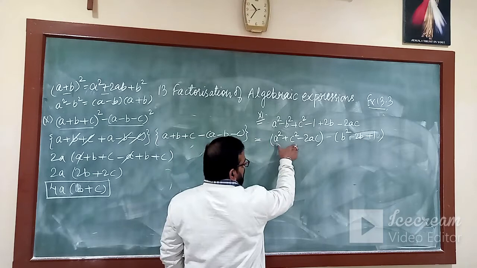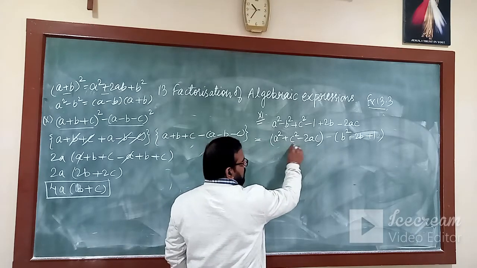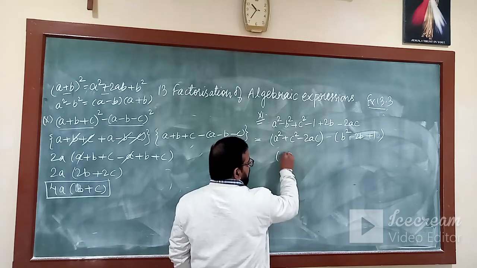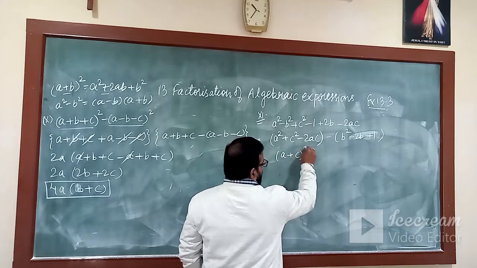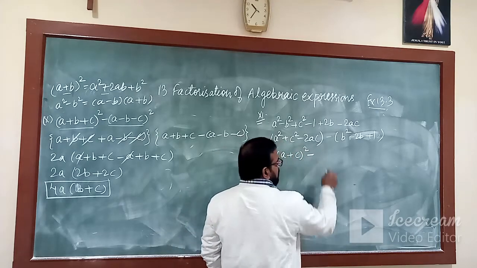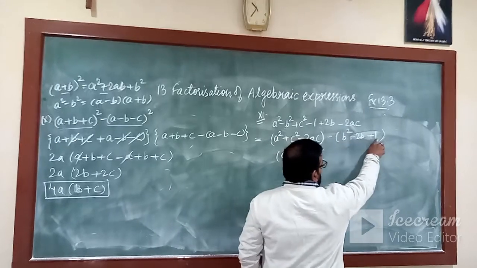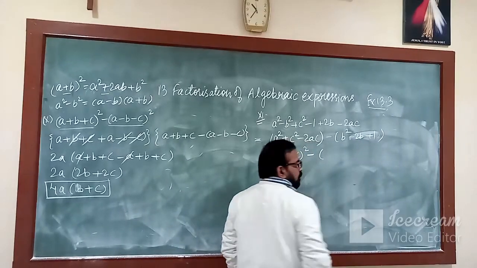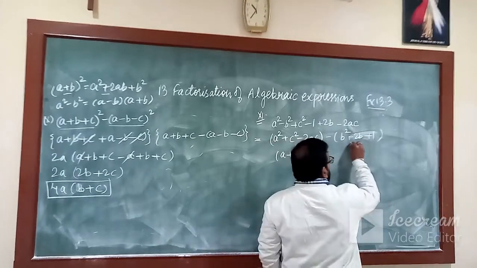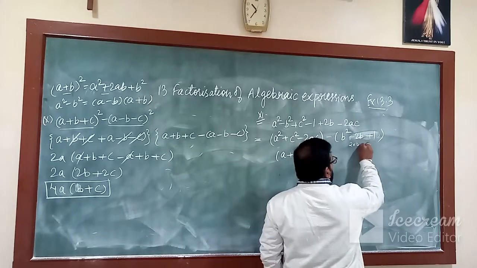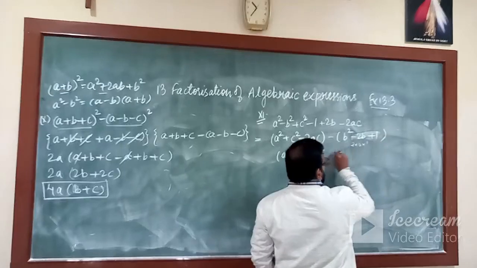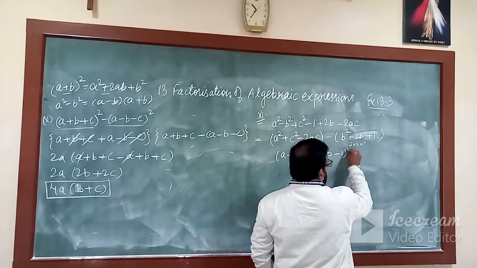So easily, you can say it is a square plus c square minus 2ac, so I can write it as a plus c whole square minus, see this is b square, this is 1, we can write as 1 square, so what will be its middle term? The middle term will be 2 into b into 1, that is 2b, so we can write it as b minus 1 whole square.